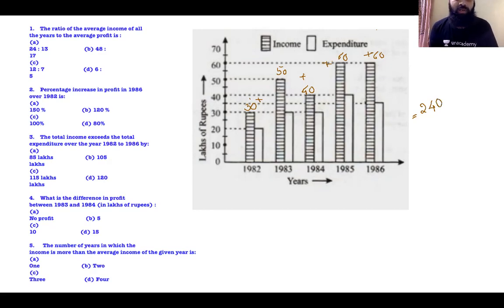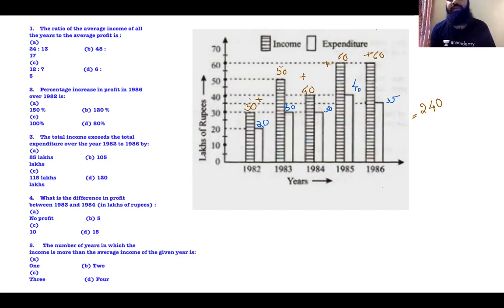Okay. Total income, total expenditure. Let me denote it with some other color. $20, then $30, then $30, then $40, then $35.